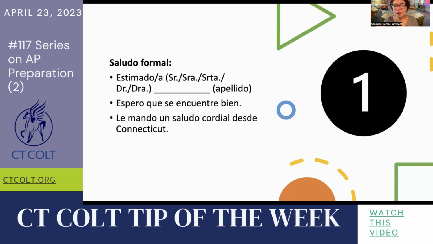But those little details are important. So things like espero que se encuentre bien to sort of initiate the correspondence are very useful. And if you would like the packet that I use with useful phrases to use in the email, just shoot me an email and I'd be more than happy to send it to you, and you can share it with your students.